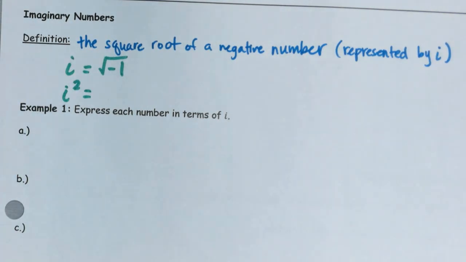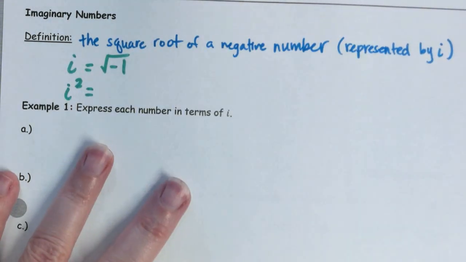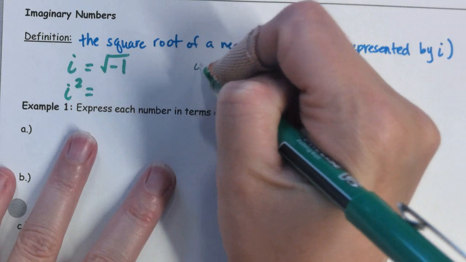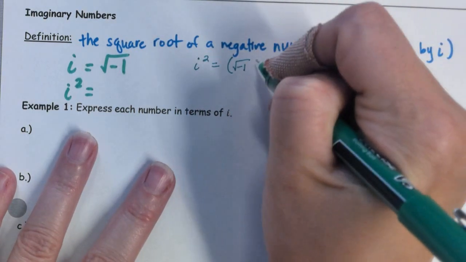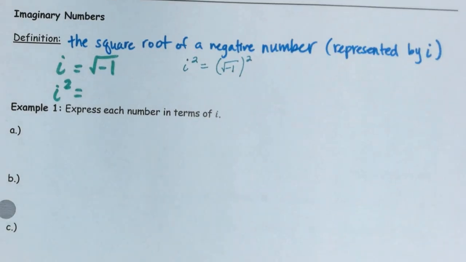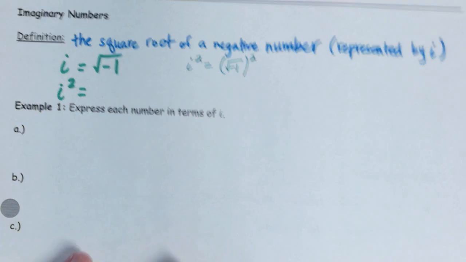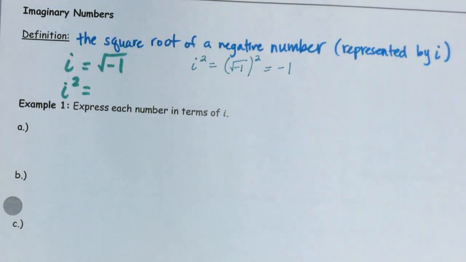If we have i squared, and we know that i is the square root of negative 1, if I were to plug this in, wouldn't i squared just be the square root of negative 1 squared? Do you guys know what that would equal? Yeah, just negative 1, because the square undoes the radical. So that means i squared is equal to negative 1.